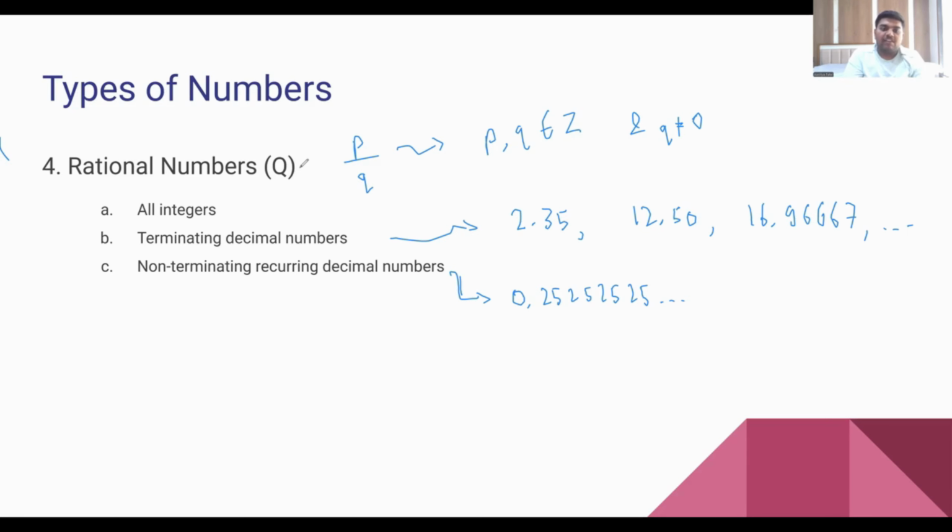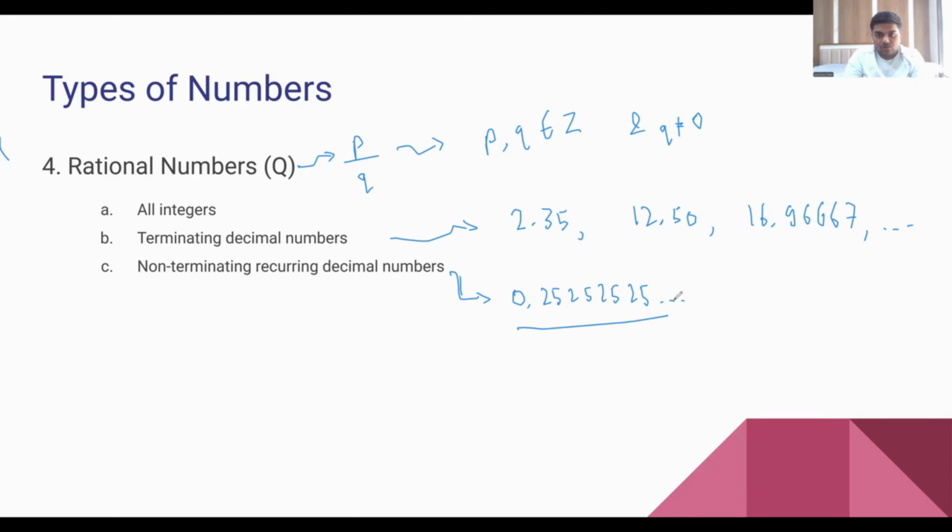Okay. So every rational number will be of this form. And every number of this form will also be a rational number, wherein the P and Q are integers and Q is non-zero. Okay. Now let us see how to represent such non-terminating recurring decimals into fractions.